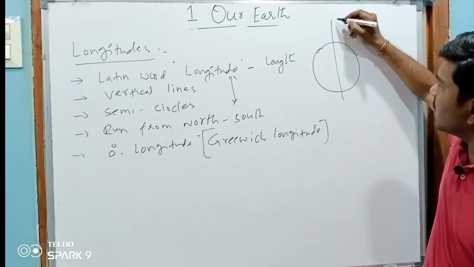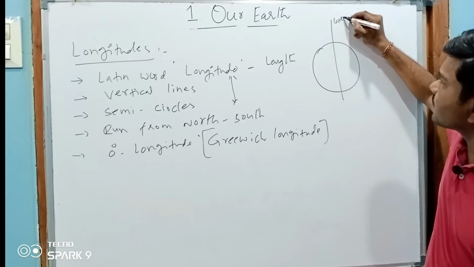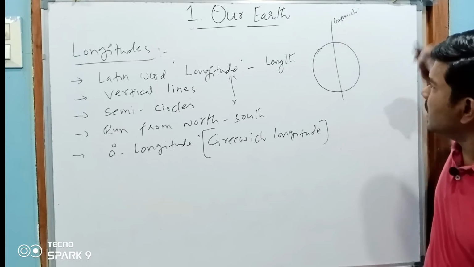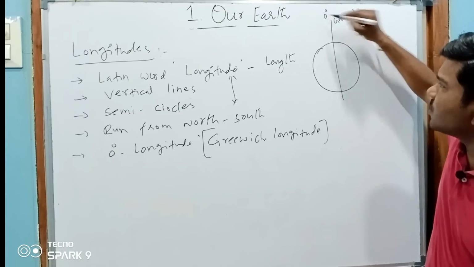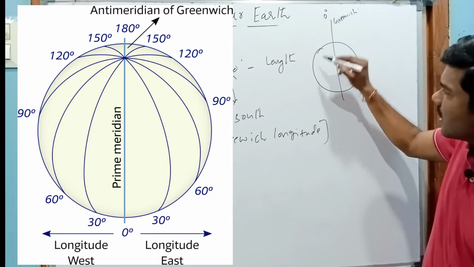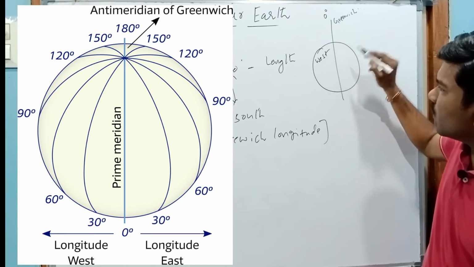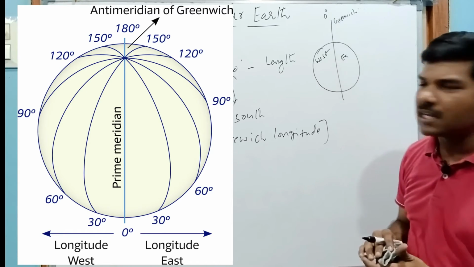This is the Greenwich longitude. It is also called the 0 degree longitude. It divides the earth into the western hemisphere and the eastern hemisphere, as we learned.